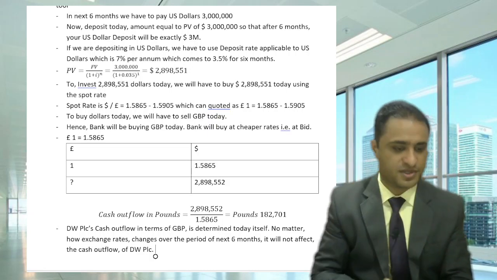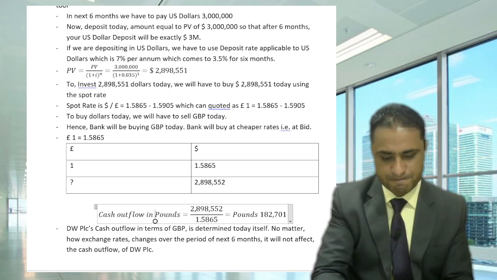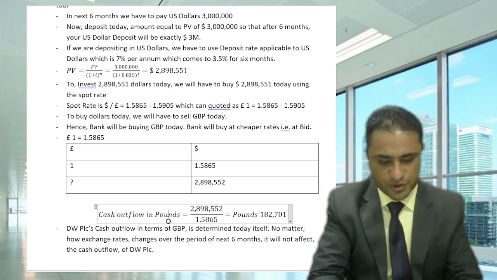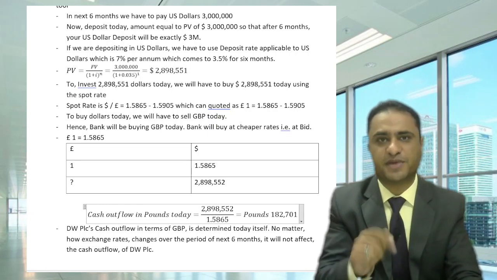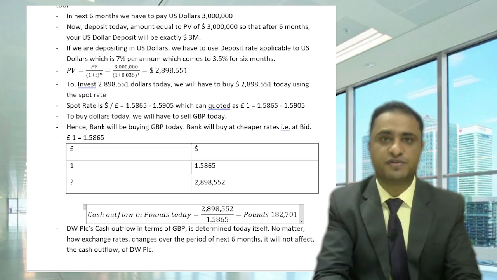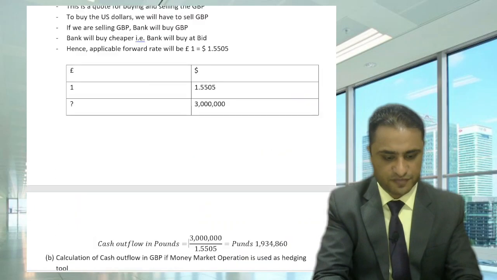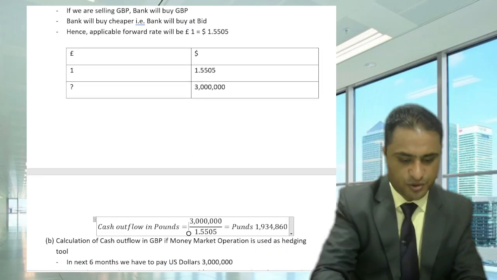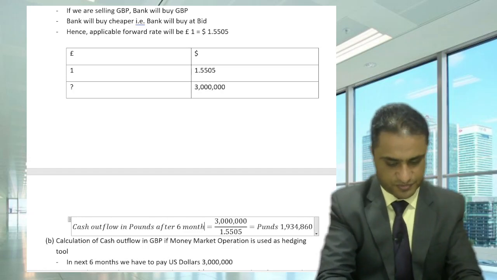But the question does not end here. You cannot compare the cash outflow in pounds today because you will have to pay the pounds today, which is 182,701 pounds. And in case of forward, when you say cash outflow in pounds, it comes after 6 months. So these are not comparable.